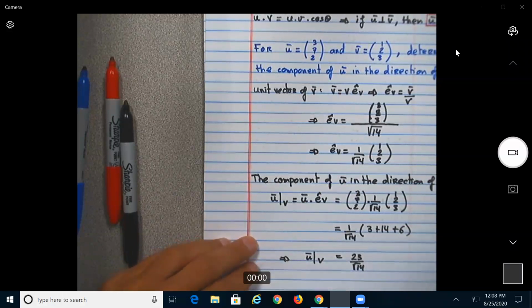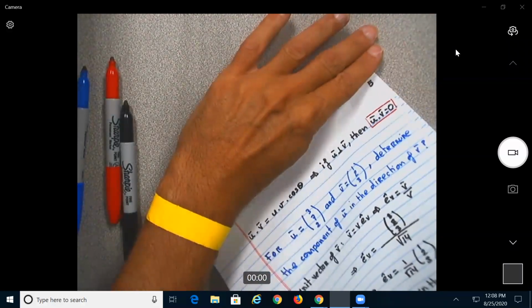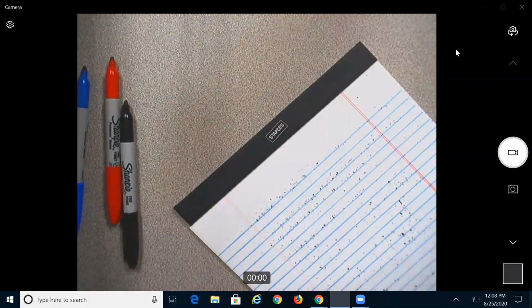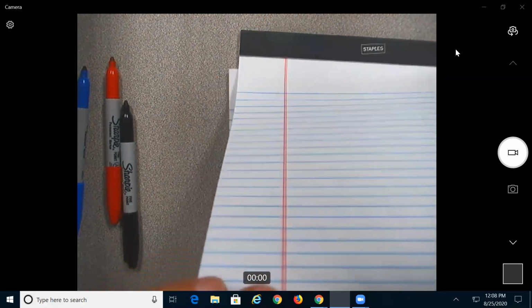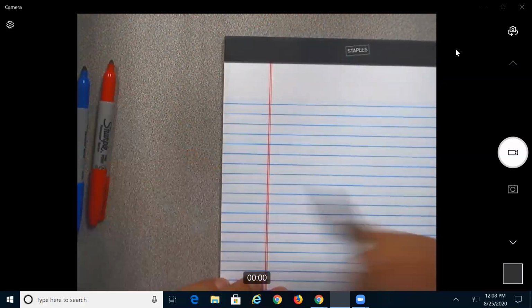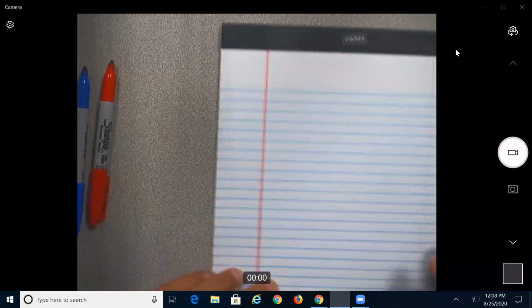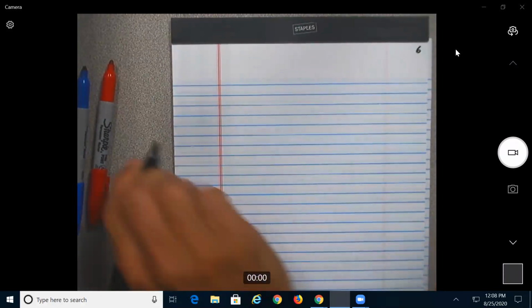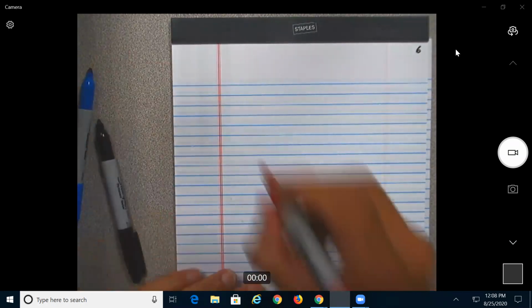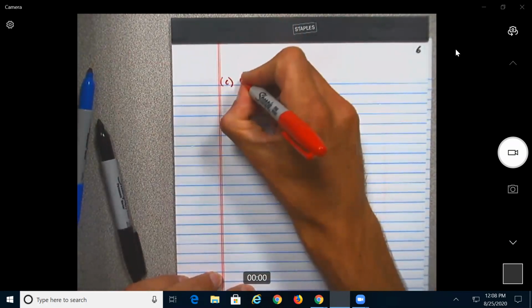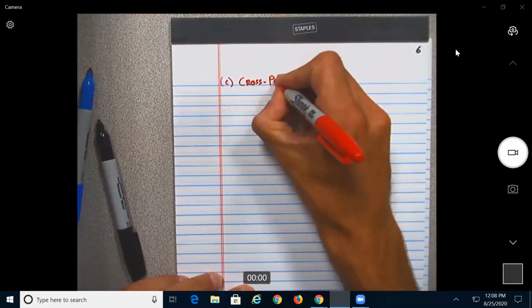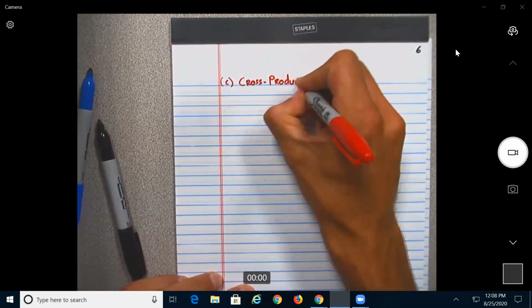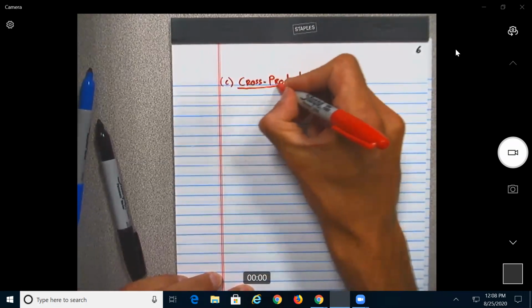Okay, we still have about 20 minutes, good. All right, so the next thing that you need to learn, that you already know from vector calculus, is the cross product. Page 6: we have the scalar product, the dot product, and the third type of multiplication we can have is the cross product.